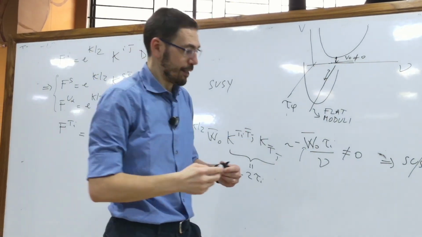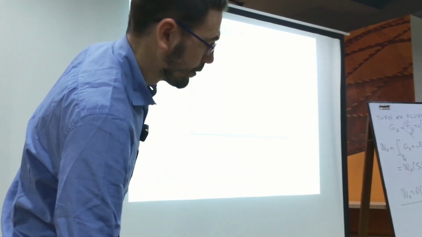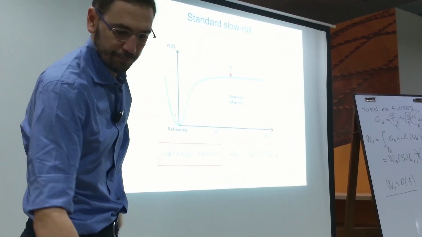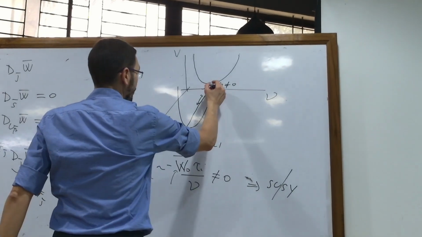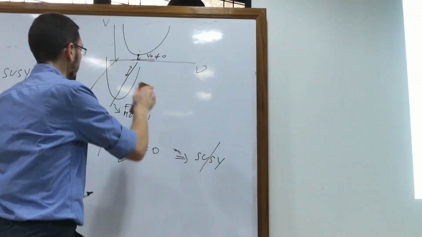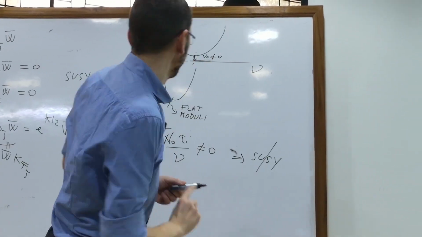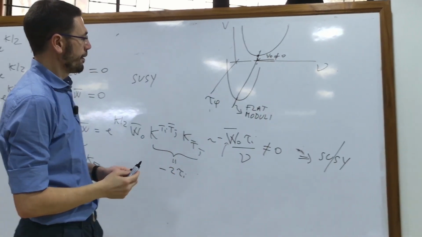Because I want to get, in the end, this V0. And now this would be my flat direction, something like that. Okay?